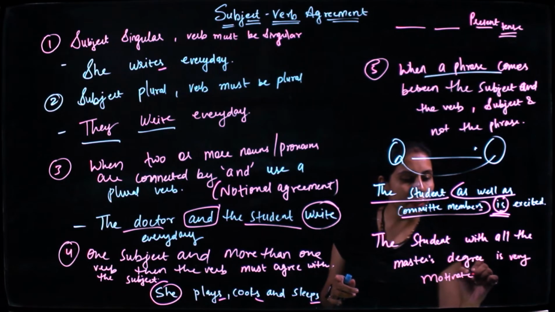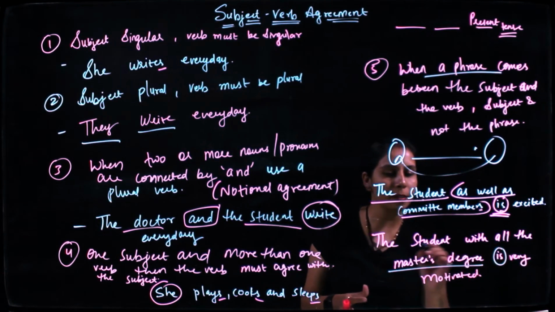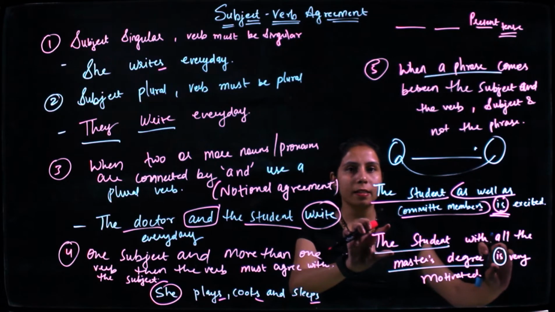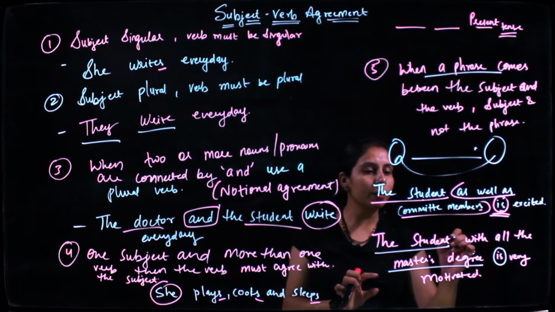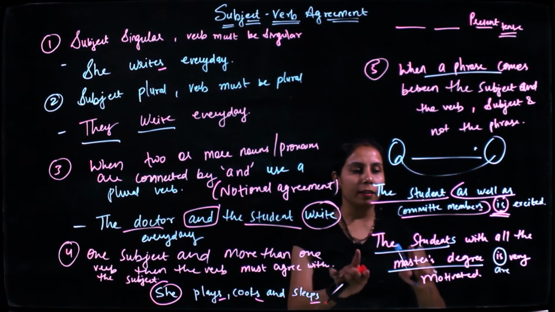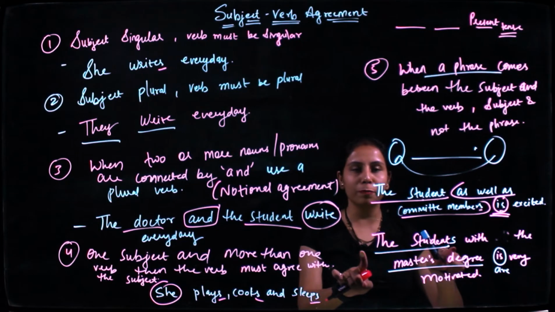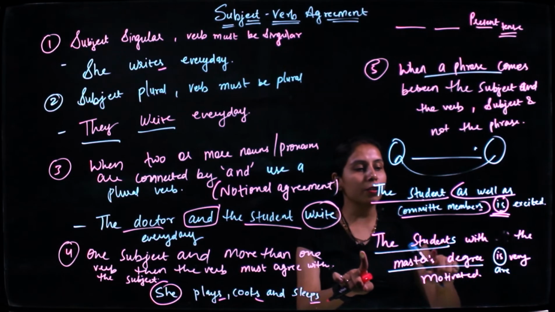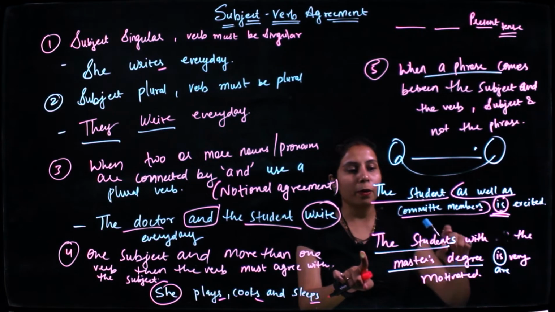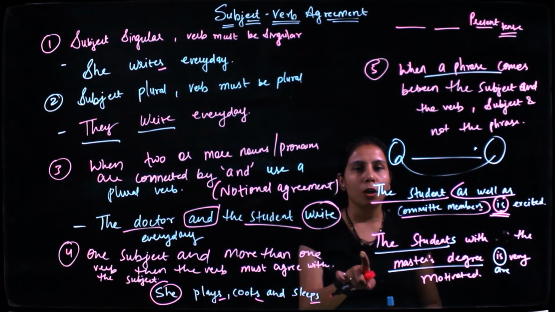So I have taken again a similar part, that master's degree is with the student. The student is there, then we need to add "is", singular, singular. If I say over here "the students", then I would write "are". The students with all the master's degree, or "all" I would remove because I have added students. The students with the master's degree are very motivated. Because my subject is plural, my verb will become plural.